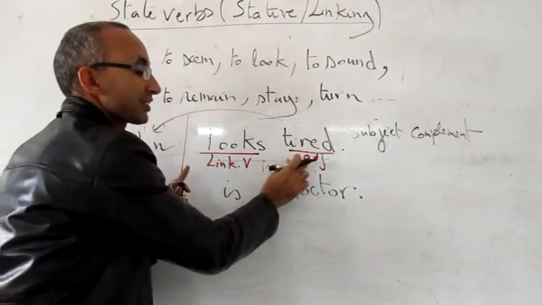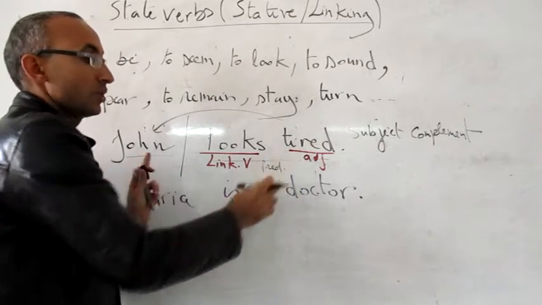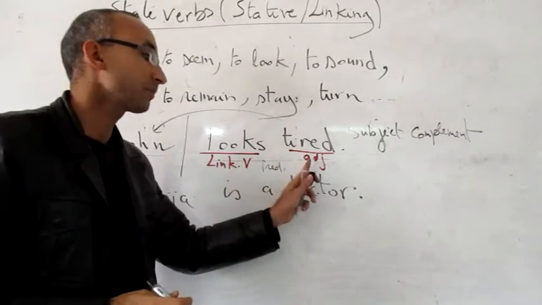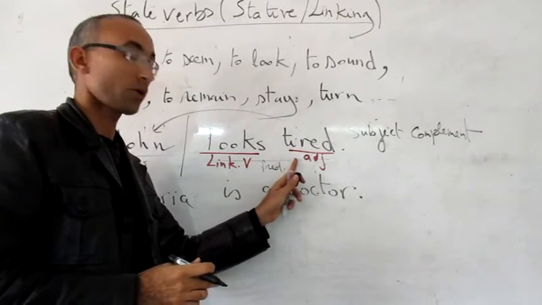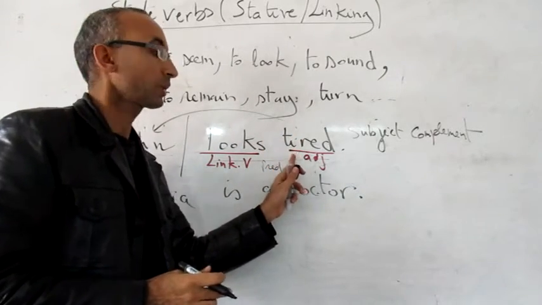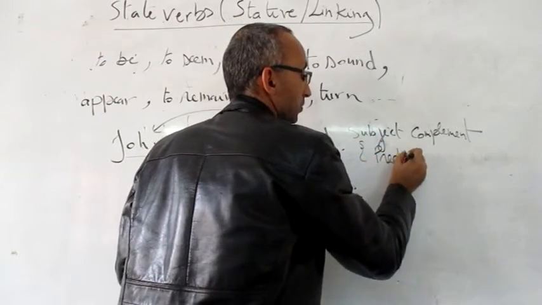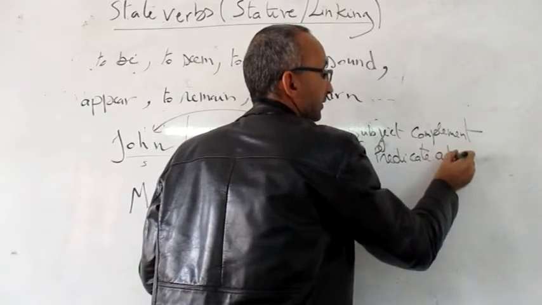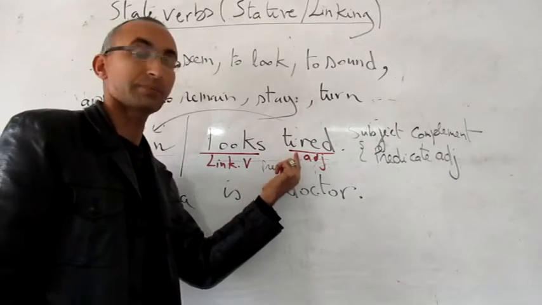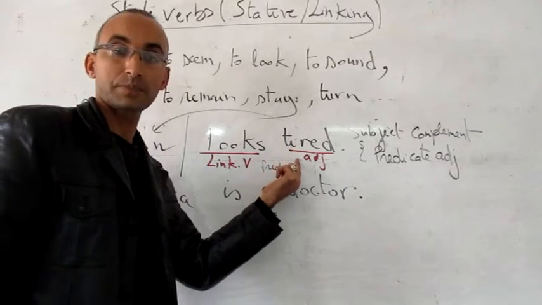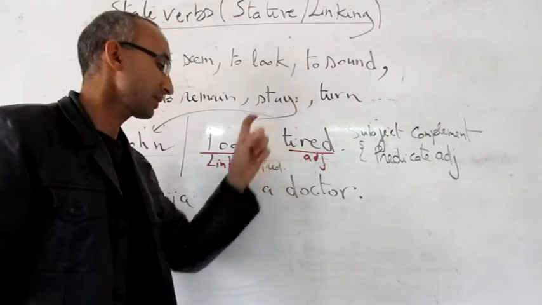Because it links the adjective with its owner. Clear? Now here, it takes the form of an adjective. Now when the subject complement takes the form of an adjective, we call it also what? Predicate adjective. So this one is called subject complement, and also it is called predicate adjective. Clear?